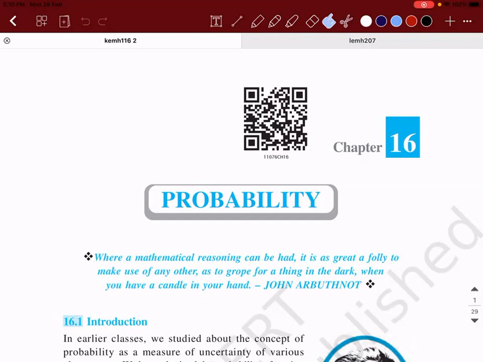Let's make it a bit faster because I know that most of you have already learned this chapter. Just basic level discussion and we'll close it. Anybody?